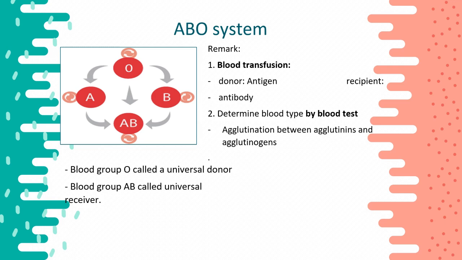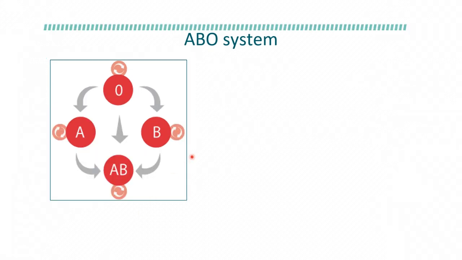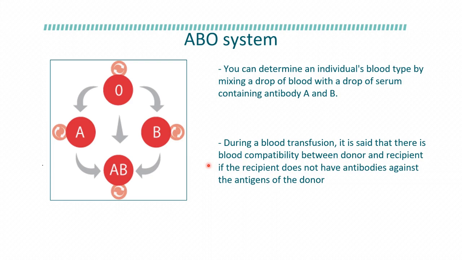In order to determine the blood type or the blood group of an individual, we should make blood tests. You can determine an individual's blood type by mixing a drop of blood with a drop of serum containing antibody A and B. So in a blood test, we should have agglutination, which means the binding of antibodies to antigen.